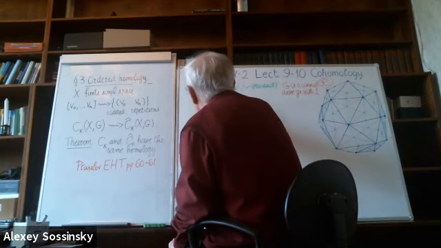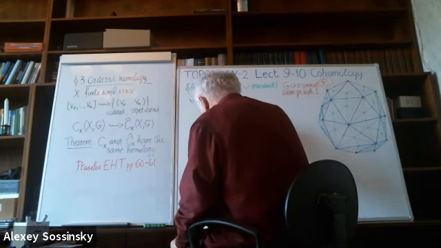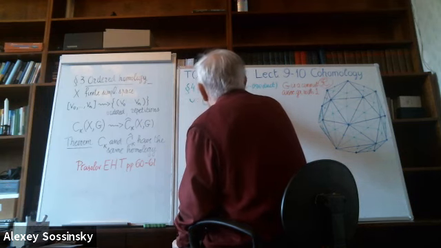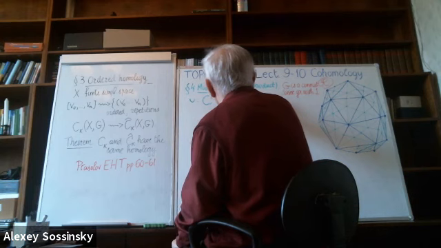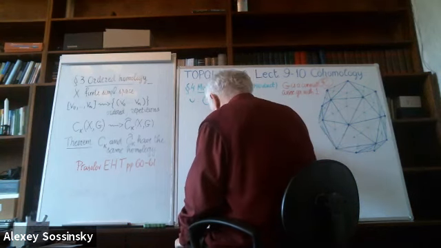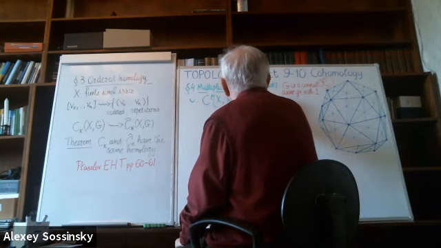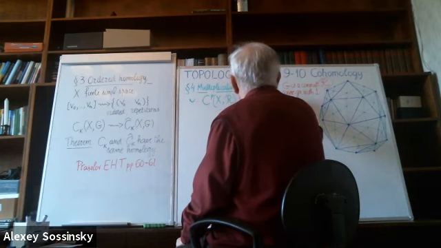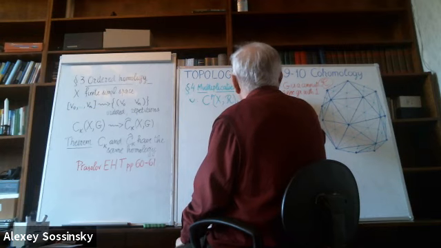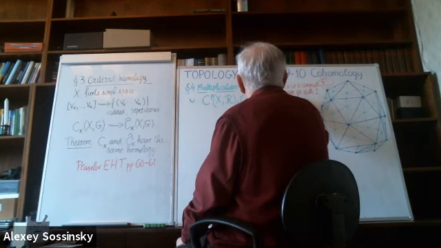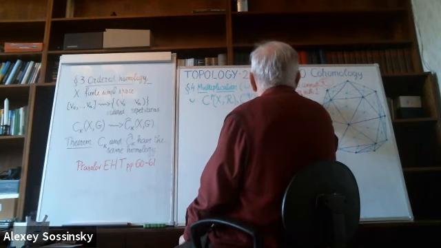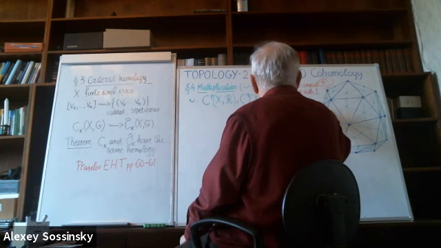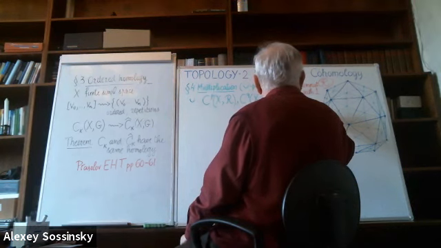So it's a product, and it takes a pair of C^p(X, R) coefficients in R, with C^q(X, R), to C^(p+q)(X, R).